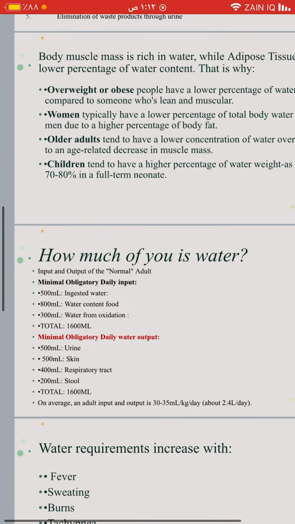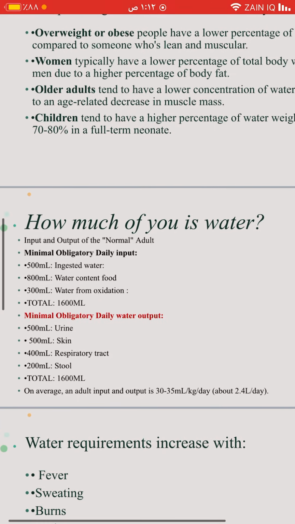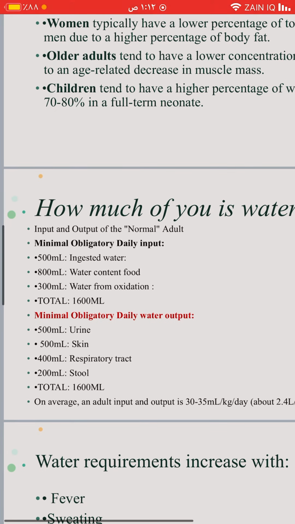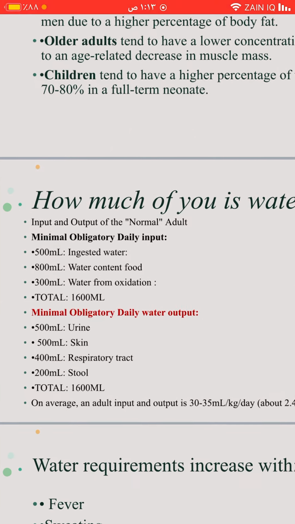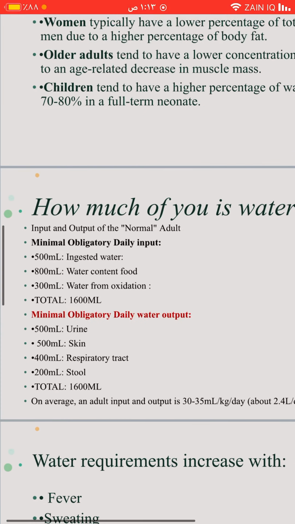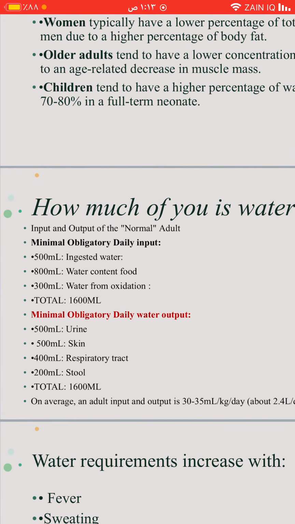How much water do we need? Input and output of the normal body. Minimal obligatory daily input: 500 ml ingested water, 800 ml water contained in food, 300 ml water from oxidation, total المجموع الكامل اللي هو 1600 ml.